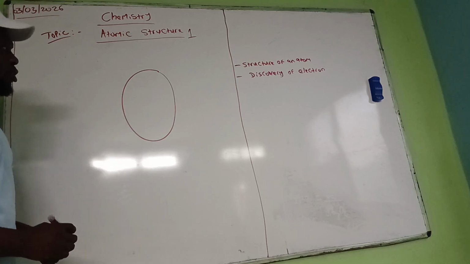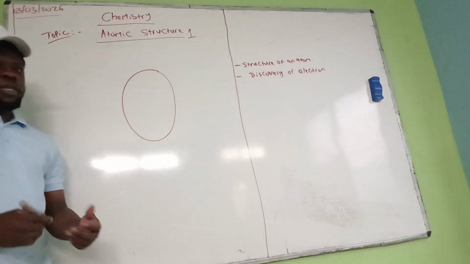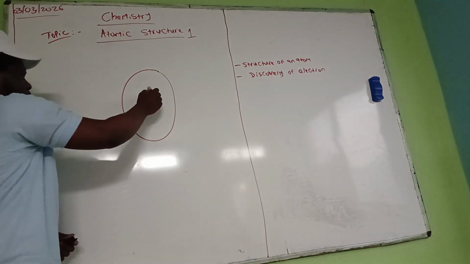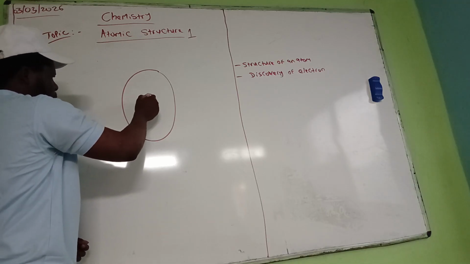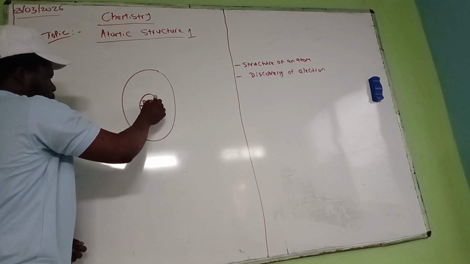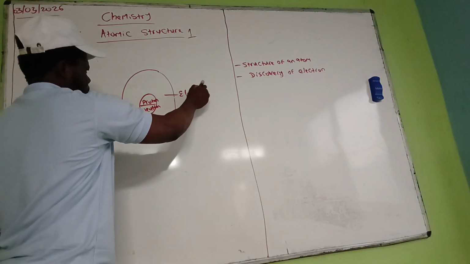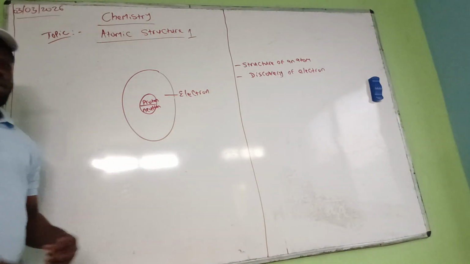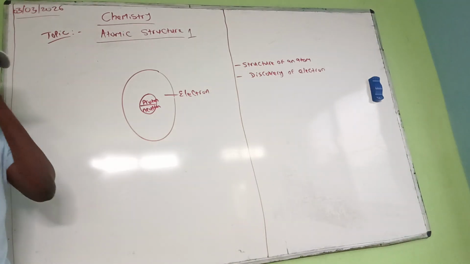In this shape, there are some subparticles that it is made up of. Now, these subparticles include proton, neutron, and electron. So these are the subparticles of which an atom is made up.